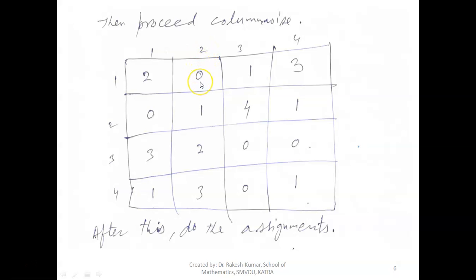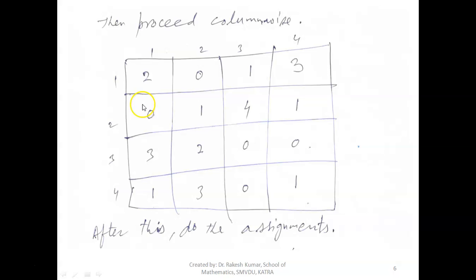And see in the column in which this 0 is lying, is there any other 0? If there is any other 0, then we have to cross it, because some resource has been allocated to activity 2, and a second allocation to 2 should not be made. Okay, now coming to the second row, yes, there is a single 0.